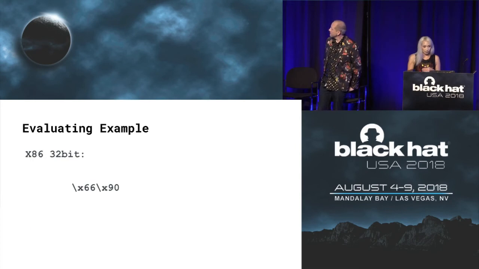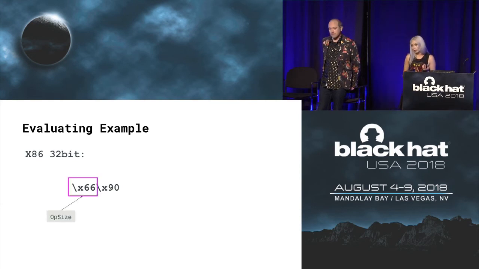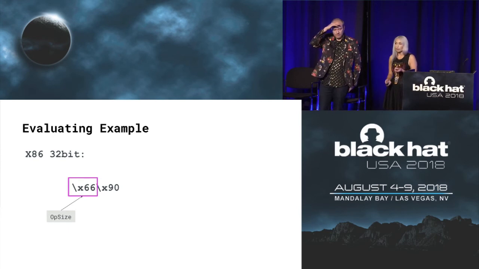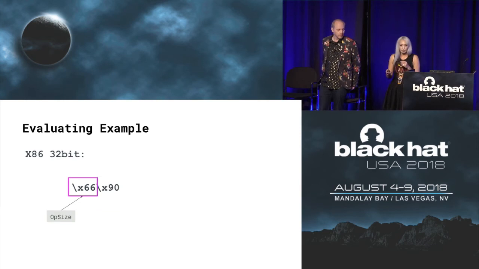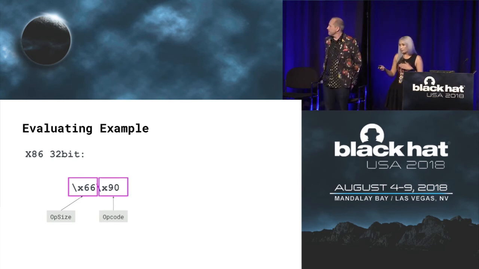So here's an example of evaluating some of the assembly. We have an x86 32-bit instruction here, where hex 66 is the op size, which tells it whether to go lower or smaller or bigger. And then the opcode, right? Generally 90 means NOP.